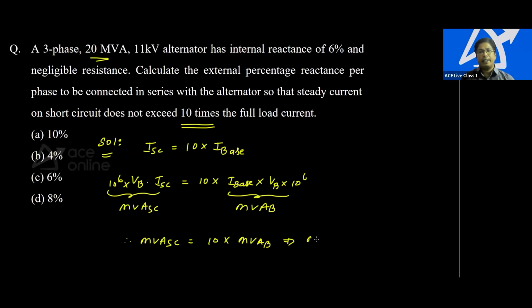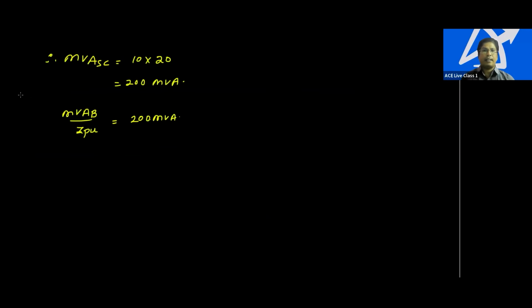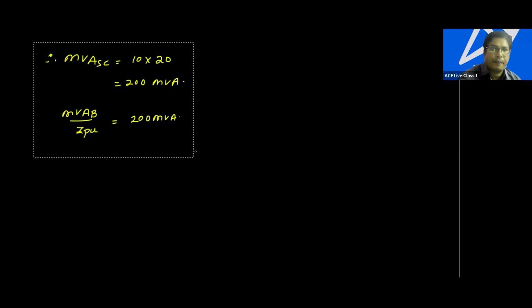Here you can write MVA base divided by Z per unit is equivalent to 10 into MVA base. MVA base will be cancelled, so Z per unit is 1 by 10. That's sufficient; the other calculation is unnecessary.